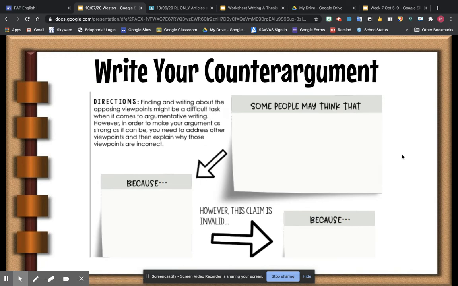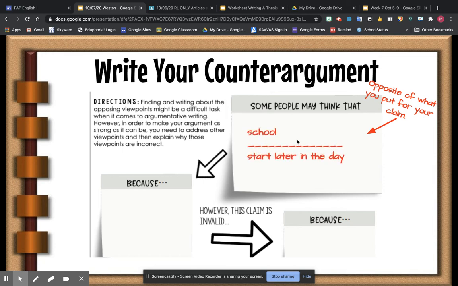So now it's your turn. Some people think, and this is what we're going to put, the opposite. Some people think it's a good idea to start school later. Some people think it's a good idea not to have school start earlier. However you would like to word it, but this is the opposite of what your claim is. Okay, so school should or should not start later in the day because some people think that because starting later or starting early, and then insert your reason.